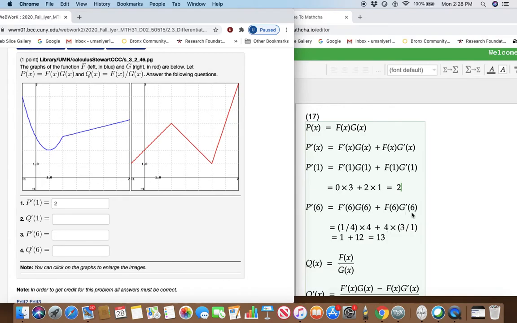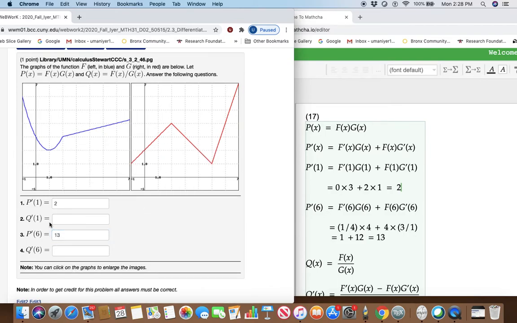And the derivative of g at 6: slope of this line, rise of 3 for a run of 1. 1 run gives me 3 rise. So 3 over 1. Now simplifying this, 1/4 times 4 is 1. 4 times 3 is 12. So in all it's going to be 13 for p prime.